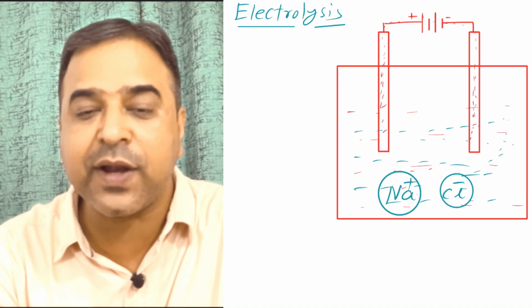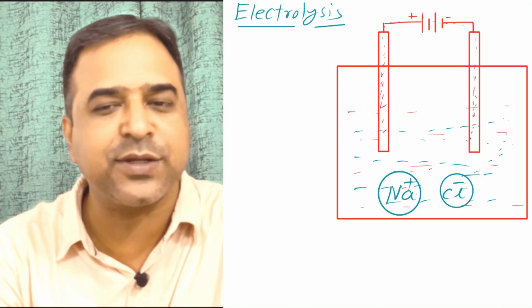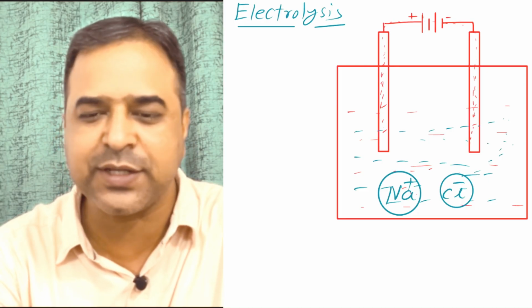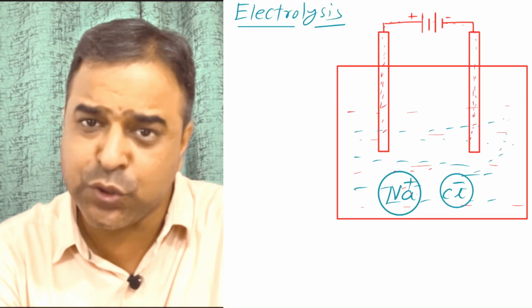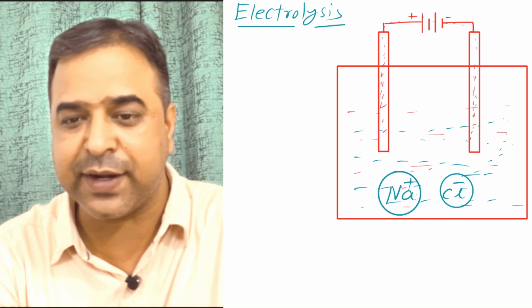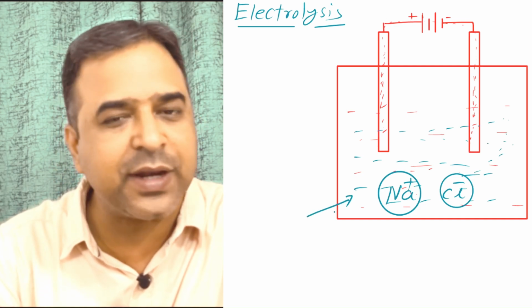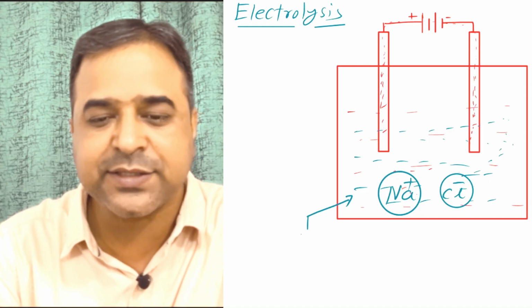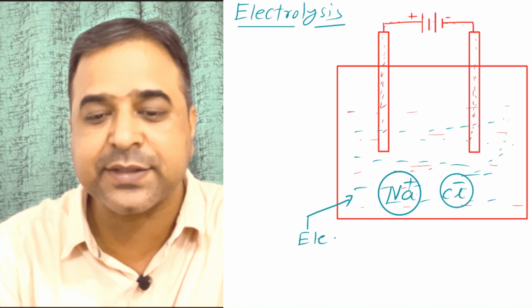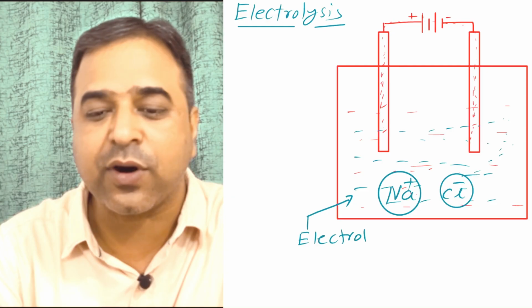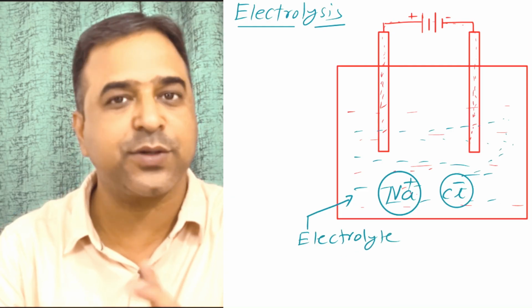But in a covalent compound they do not form ions; they do not have any kind of charge. So we cannot do electrolysis for a covalent compound. This solution part or liquid part is called the electrolyte. This is called the electrolyte.